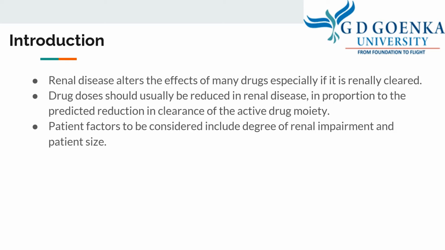Second, the drug doses should usually be reduced in renal disease in proportion to the predicted reduction in clearance of the active drug moiety. This is because different patients suffering from renal disease have different degrees of renal impairment.